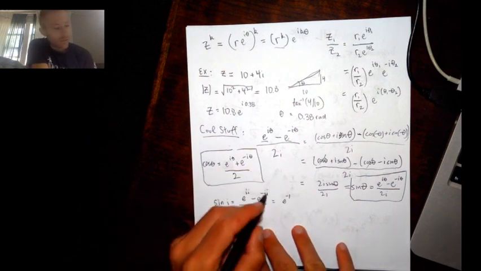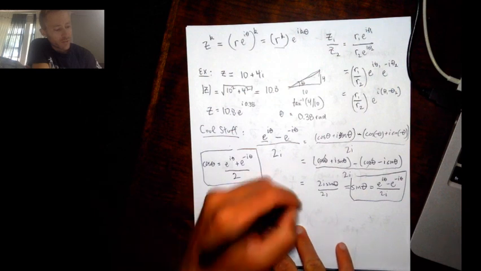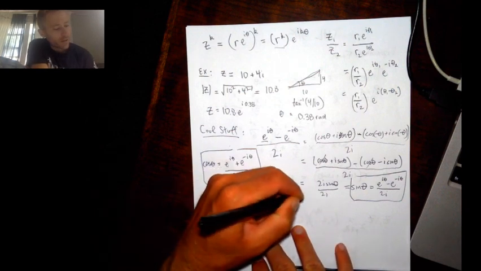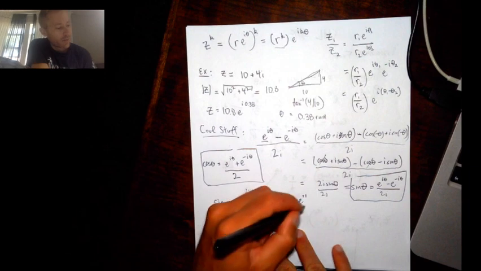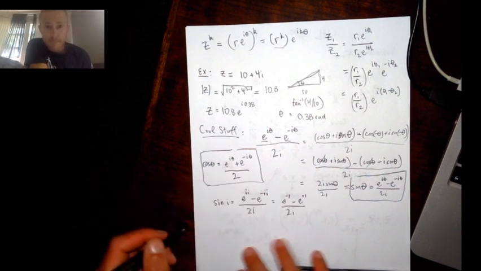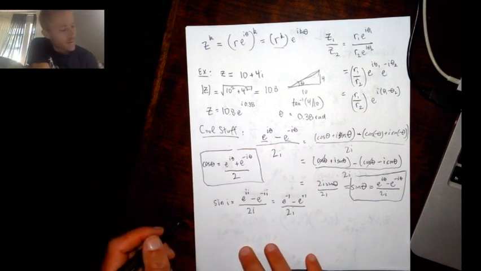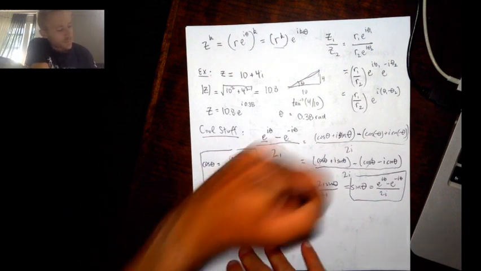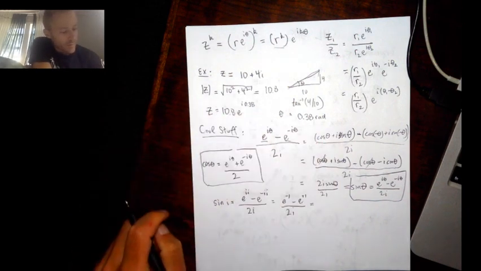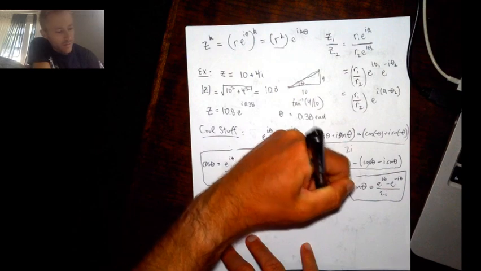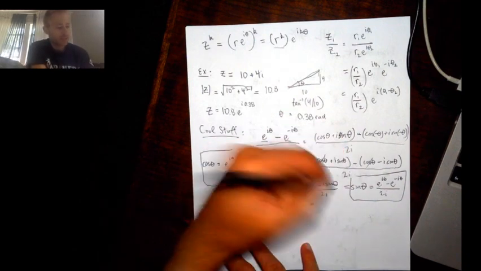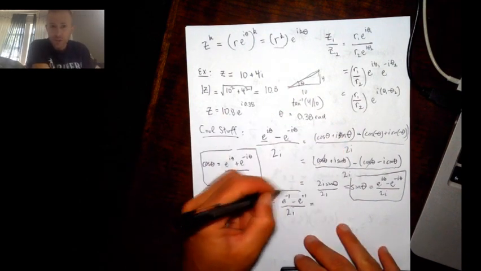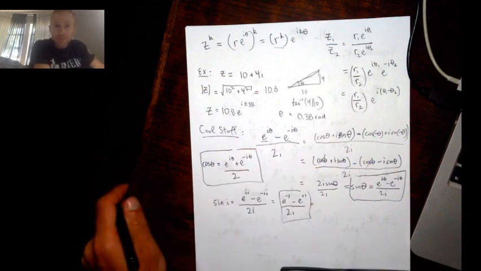Negative i squared is plus 1, so we get minus e to the plus 1 over 2i. That's a complex number. It's a weird complex number.